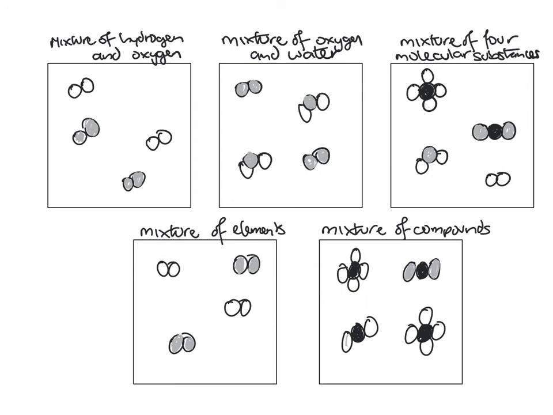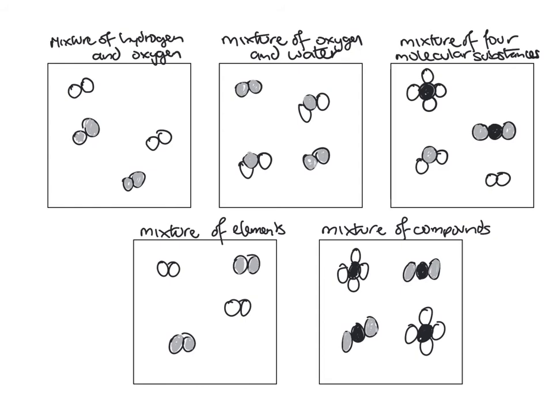And there we go. So you could have done slightly different versions of these, but what's important on each of them is that, well, this was very clear. You had to have at least 1 hydrogen molecule and at least 1 oxygen molecule. On the second, you had to have at least 1 oxygen molecule and at least 1 water molecule. Third one, as long as it was 4 different molecular substances, it didn't matter what they were.